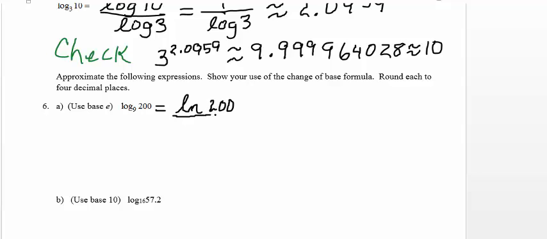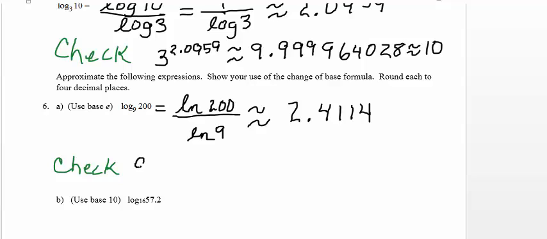So if I want to find the base 9 log of 200 using base e logs, I calculate the natural log of 200 and divide it by the natural log of 9. And I'm going to round it to 4 decimals, 2.4114.